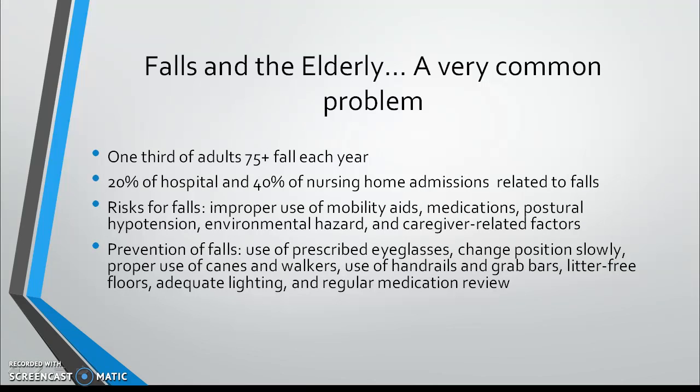As you read this slide and look at the different percentages and the mobility aids that are used to assist, and medications, I wanted to just reinforce that falls are the leading cause of fatal and non-fatal injuries in the older population. Make sure when we do our assessment that we're really doing a fall history. Asking the patient, have you fallen within the past week or the past month or even the past 3 months?